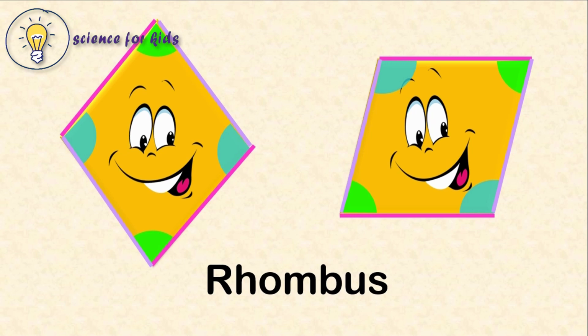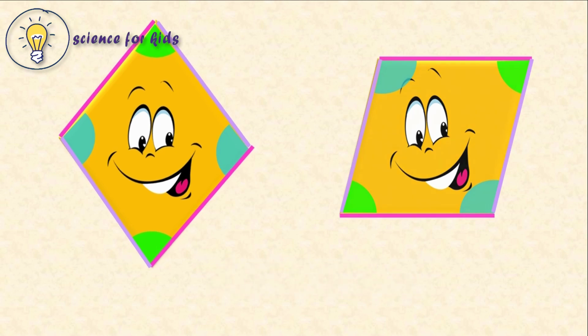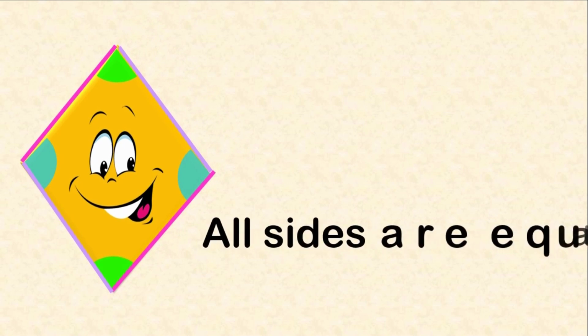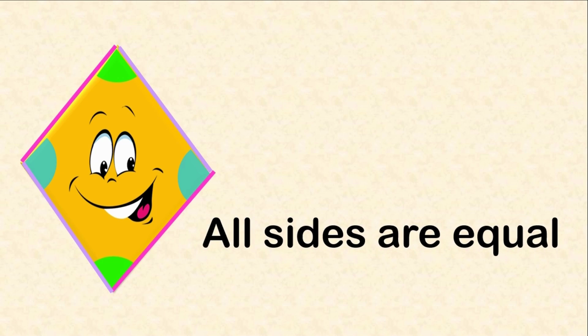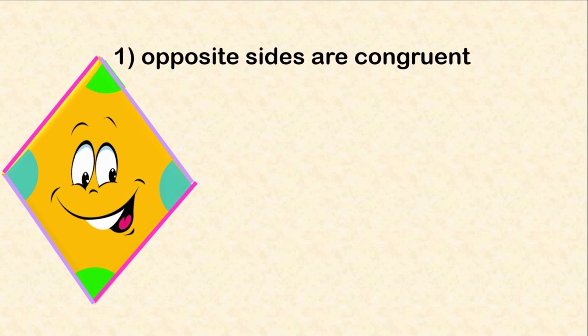Miss Rhombus inherits all features of the parallelogram, but she has one difference from her dad, and it is 4 equal sides. So we see her common features with her dad.